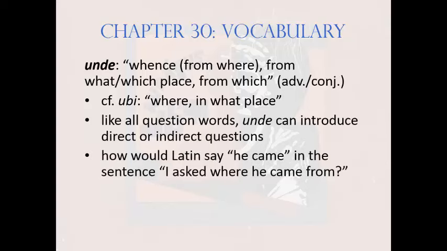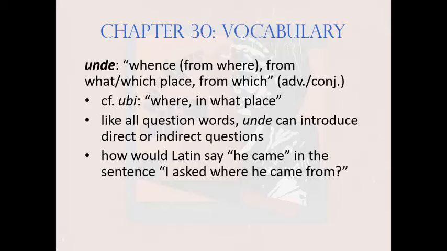How would Latin say he came in the sentence I asked where he came from? That's a matter of sequence of tenses, isn't it? What sequence is the sentence in, primary or secondary? Well, what tense is the main verb, past or present? Past. So the sequence is secondary.